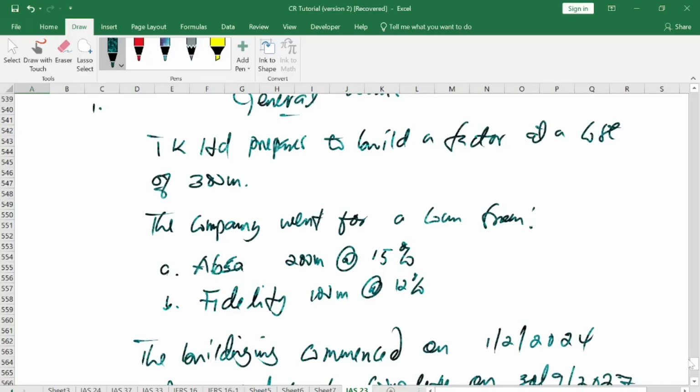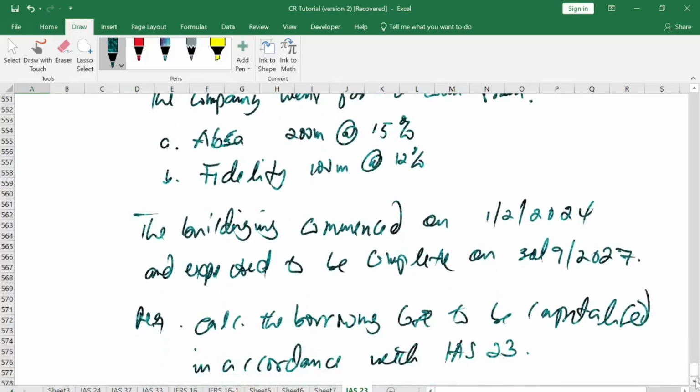Here, the source to build this factory is more than one, so we term it general borrowing cost.